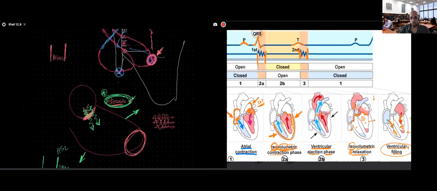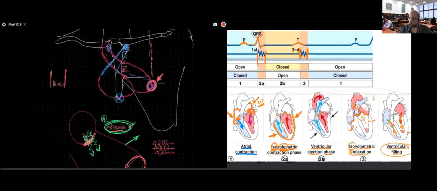What else should you know? You should know that the first heart sound is marking the AV valve closure. And the second heart sound is marking the semilunar valve closure.